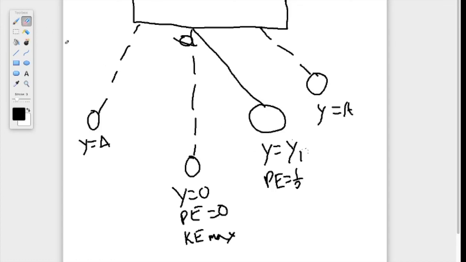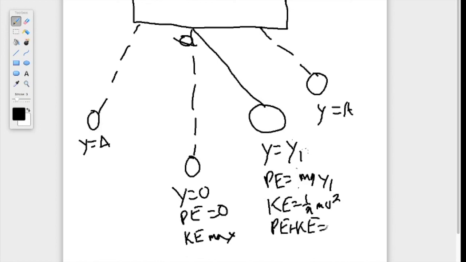PE will just be mgy1, and for the kinetic energy, it would just be 1/2 mv squared at that point. When you sum these two together, PE plus KE at that point, that has to equal the KE max because of conservation of energy.